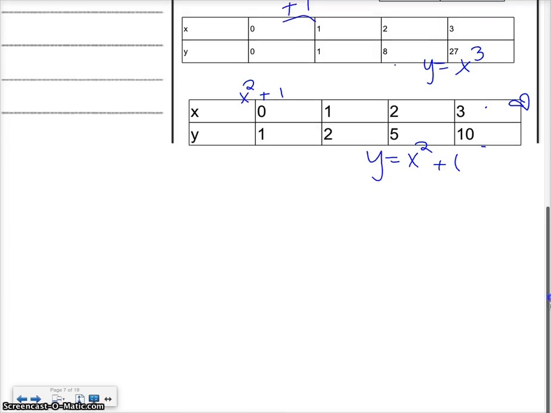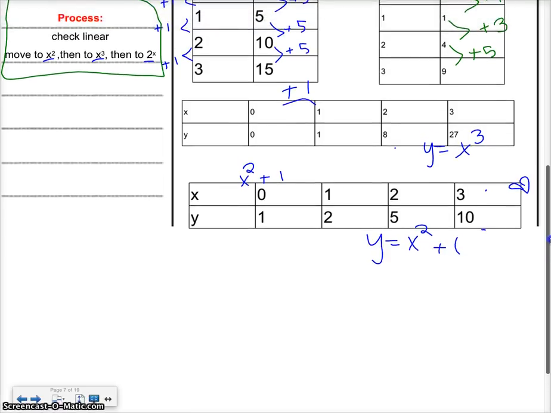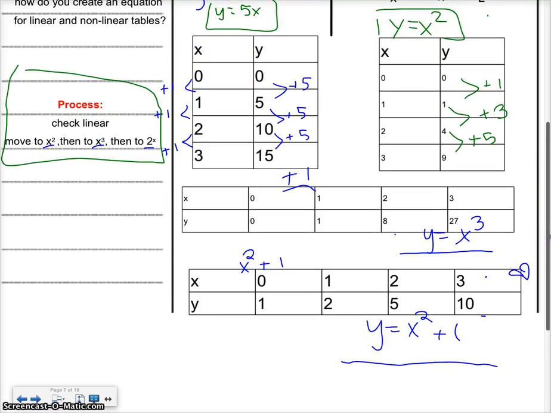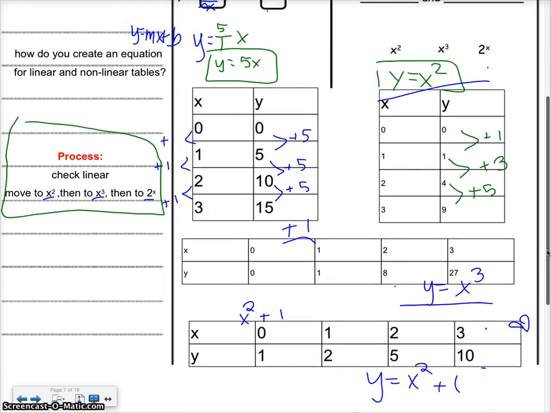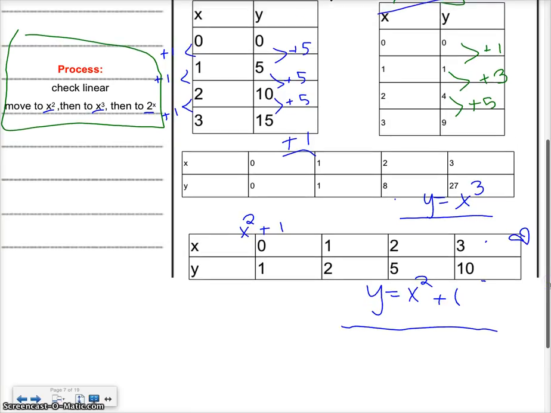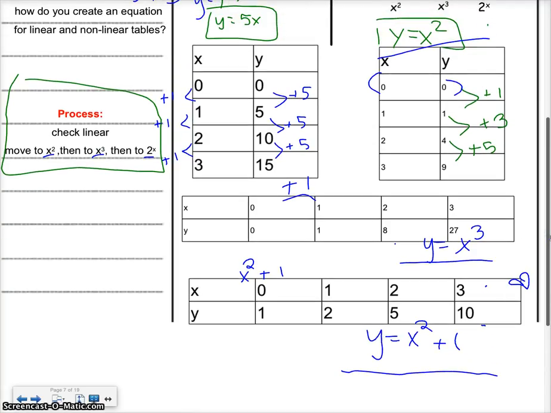Now notice my plus. Notice the difference between this last one I did, this one, and this one. You have to be able to identify why I plussed 1 there. Notice that here I always had 0, 0. I didn't have to change anything. When I started with my x squared, 0 squared is 0, so I didn't have to plus anything. When I started with my x cubed, 0 cubed is 0.